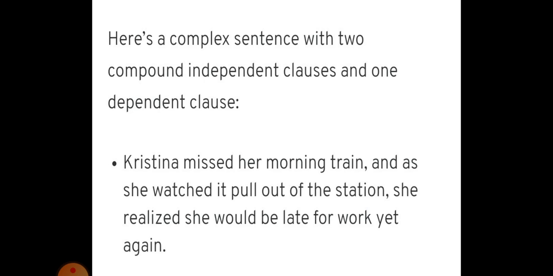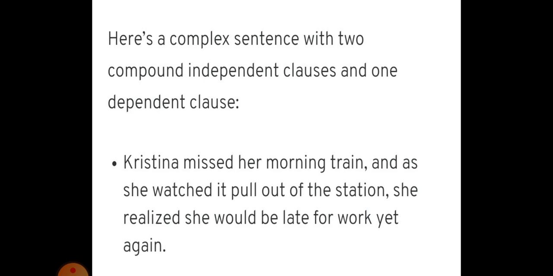Now here in this sentence, you can see there are two independent clauses. First is Christina missed her morning train. Next is she realized she would be late for work yet again. So these two are the main clauses and this is the subordinate clause, as she watched it pull out of the station.